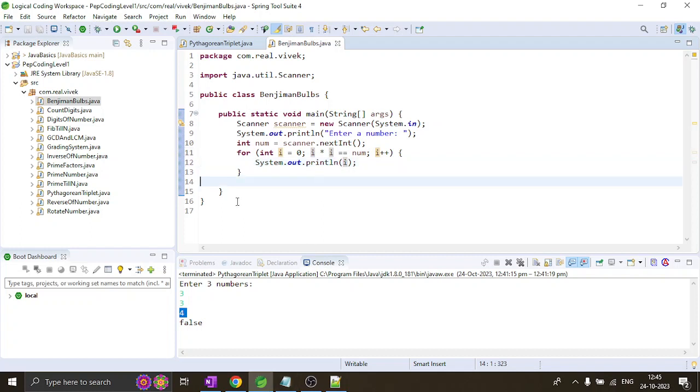We have to start from 1, right? And we have to iterate till less than or equal to that number, right?